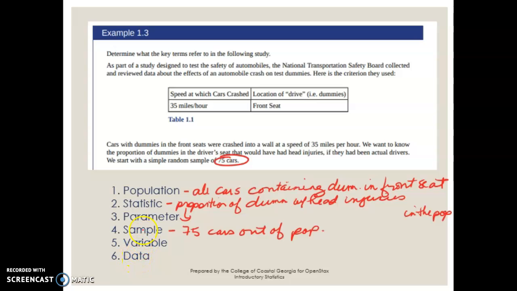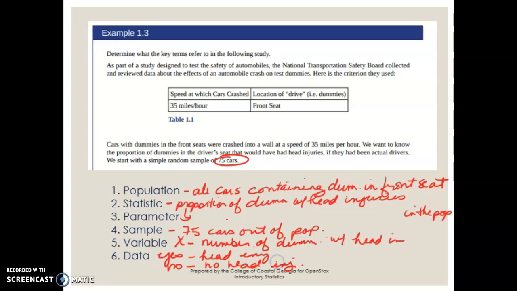Your variable. Okay. Your variable is the number of dummies with head injuries. Okay. And the data is either yes, they had head injuries, or no head injuries.